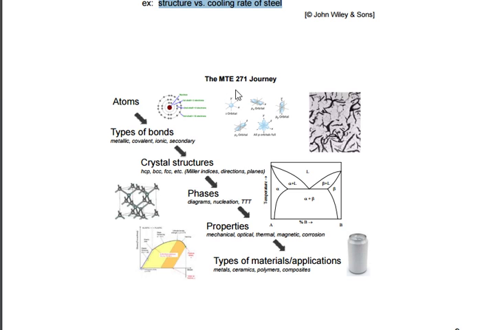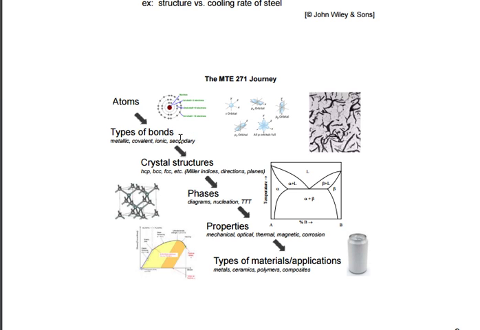So this is the journey. You have the atom, and we'll discuss some atomic configurations. Then what are the different types of bonds that atoms form. It will deal with metallic, covalent, ionic and secondary.